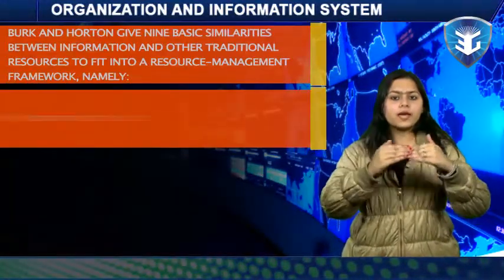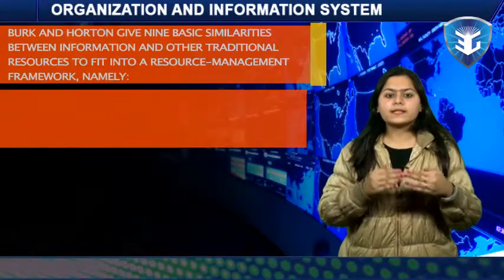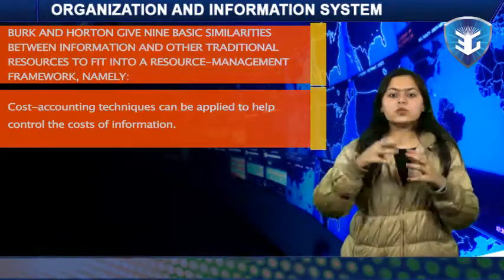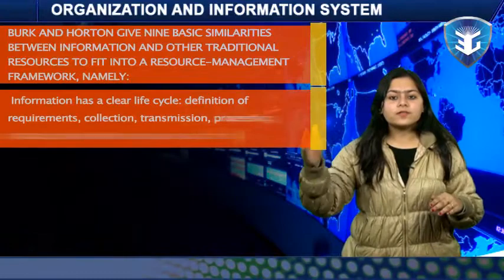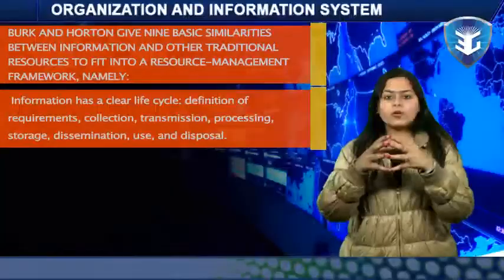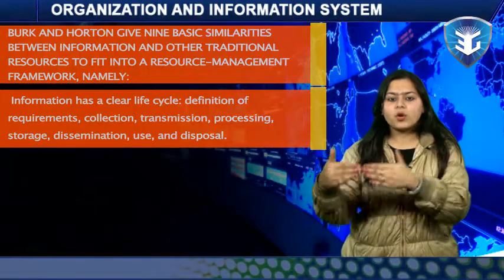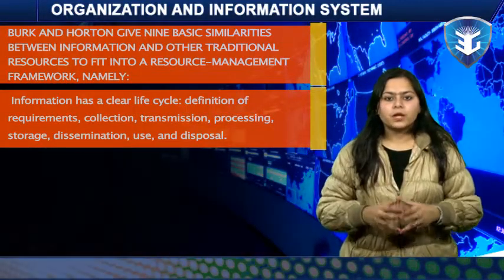Information consumption can be quantified. Cost accounting techniques can be applied to help control the cost of information. Information has a clear life cycle: definition of requirements, collection, transmission, processing, storage, dissemination, use and disposal.